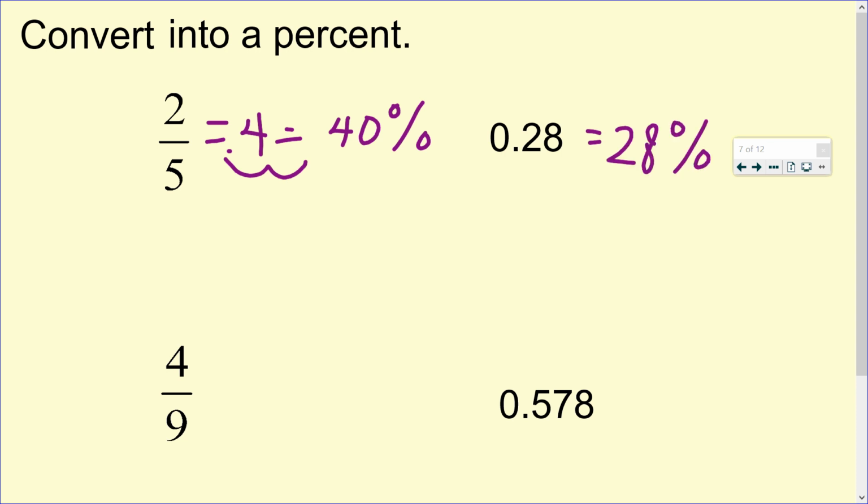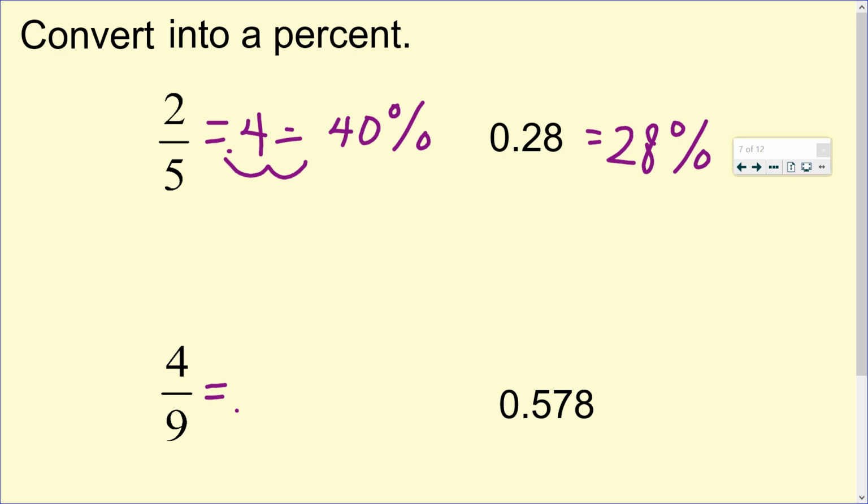You guys do the 2 at the bottom. Convert them into a percentage. Use the calculator if you need it, probably here to get that decimal first. Okay, so 4/9, is that 0.4 repeating?